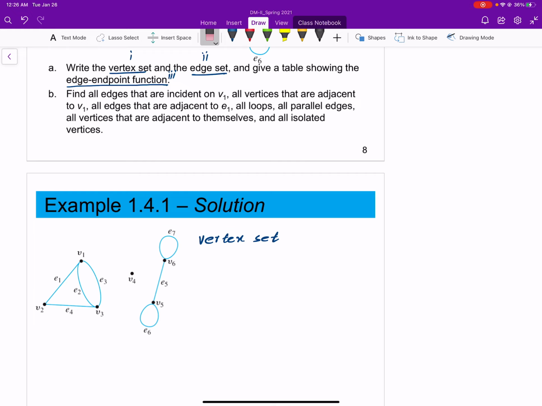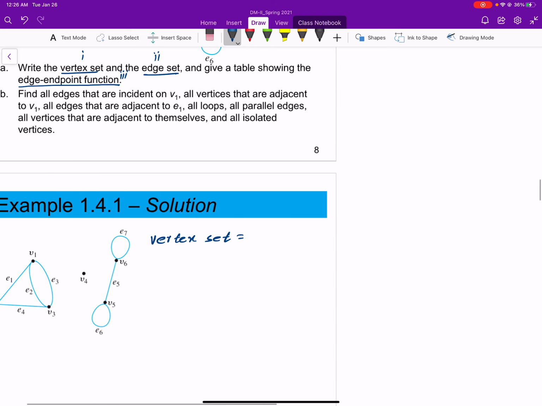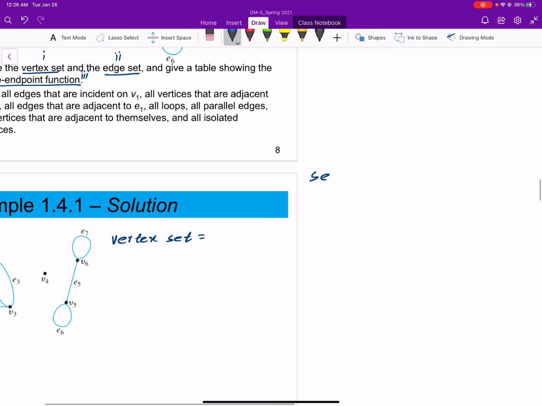I don't know whether you have learned set theory.